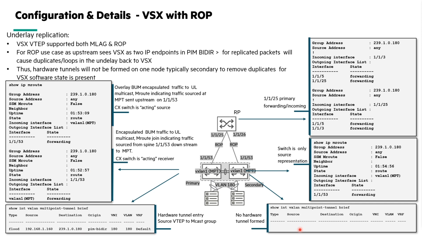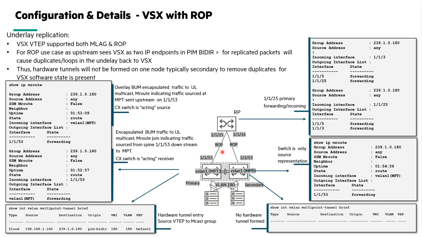However, when we look at the secondary, we have no hardware tunnel or entry formed, and we only have the source side showing on the secondary, where the incoming is the multipoint tunnel and going upstream on the uplink, but there is no PIM bidirectional formed properly, so we don't get the duplicates.